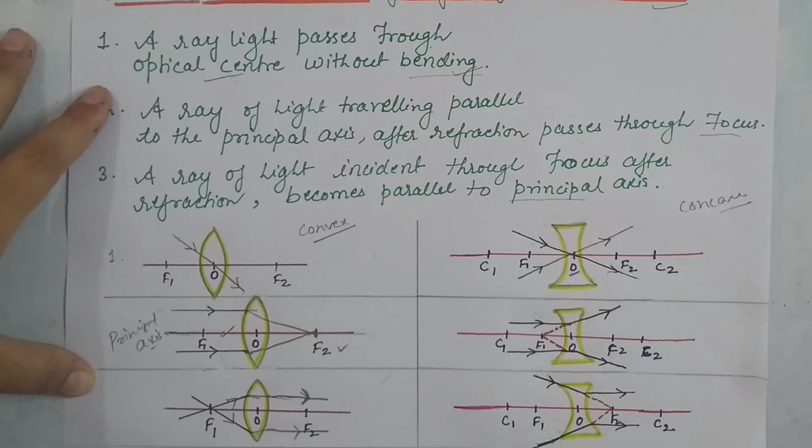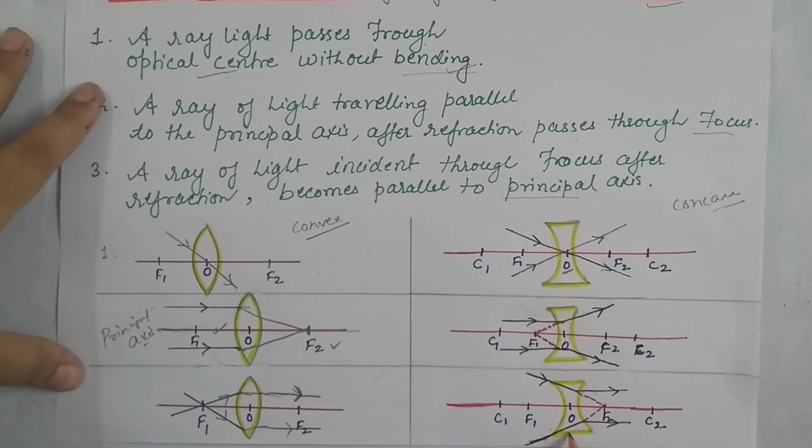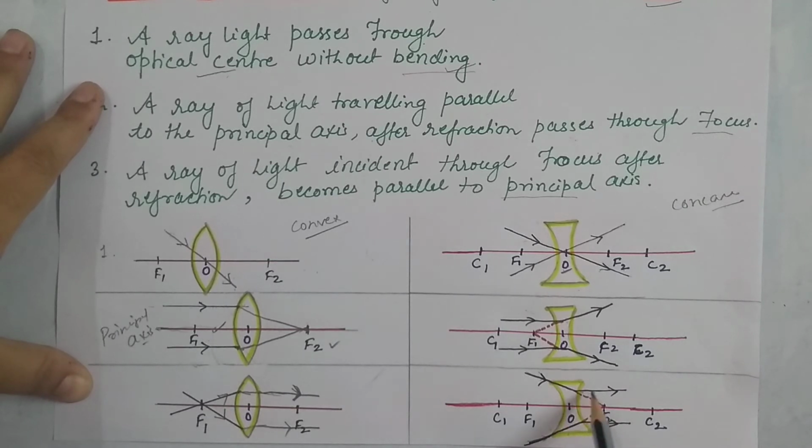Here in the concave lens, when the light ray appears to pass through the focus, it will become parallel to the principal axis. Here we have taken two incident rays, and they appear to meet at the focus. It means this incident ray passes through the focus, and then it will move parallel to the principal axis.